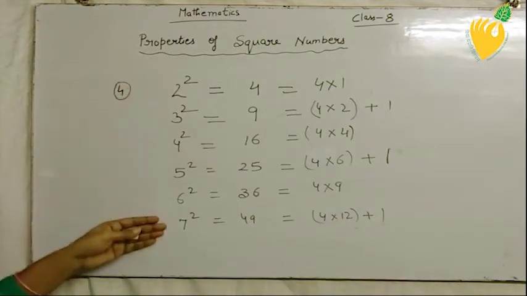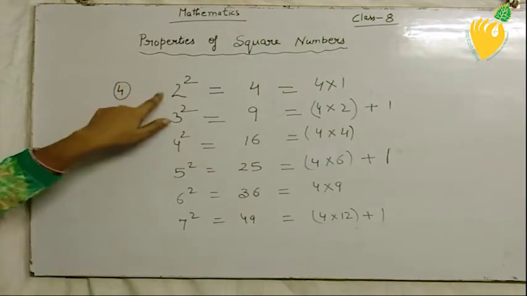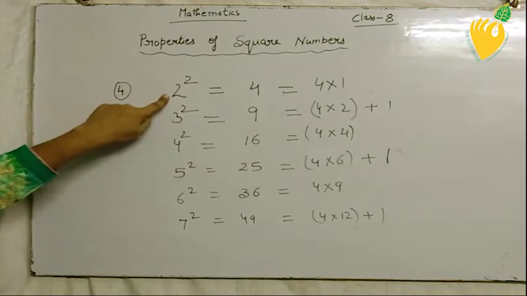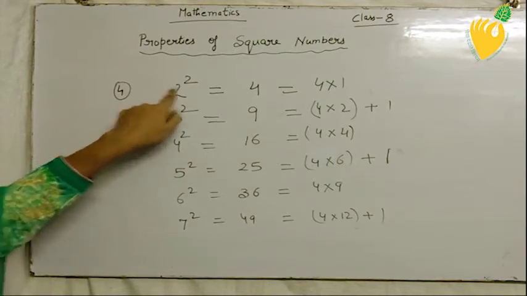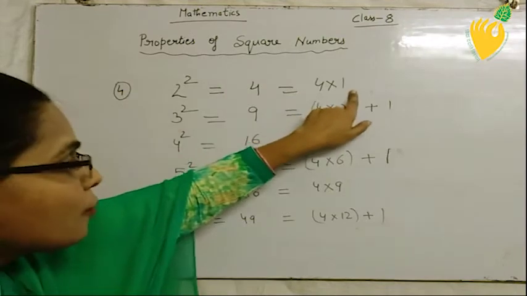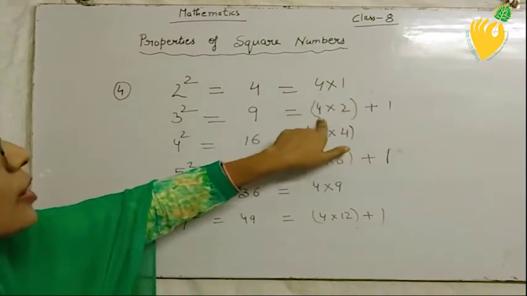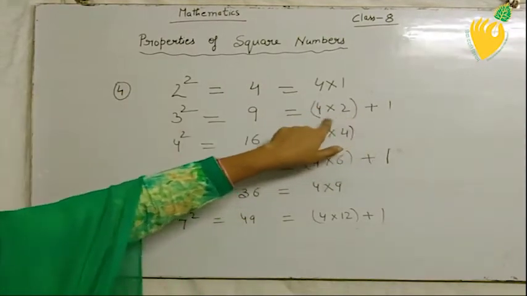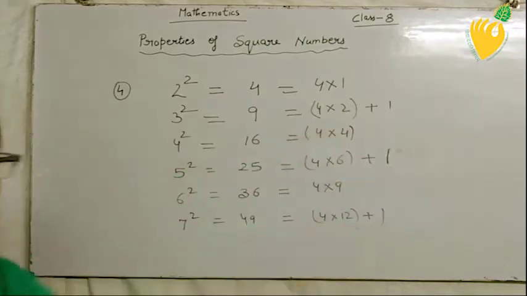So we can easily say that the square of any natural number other than 1 is either a multiple of 4 or exceeds a multiple of 4 by 1.